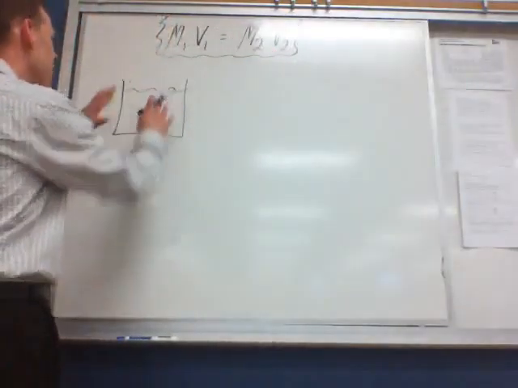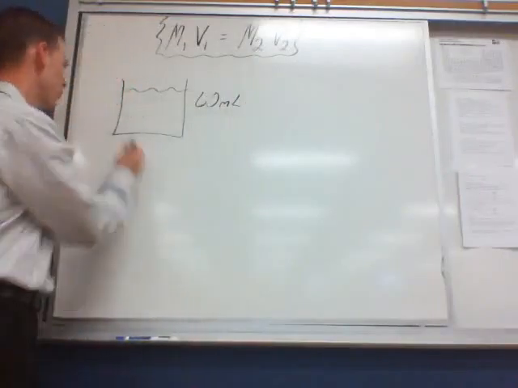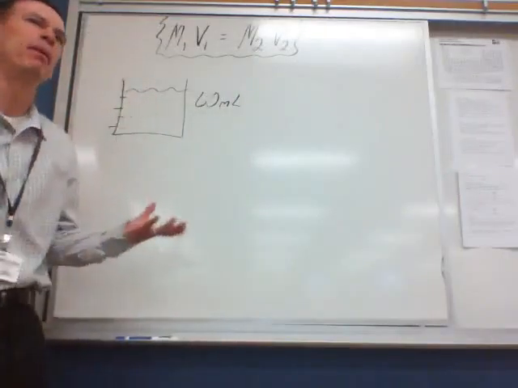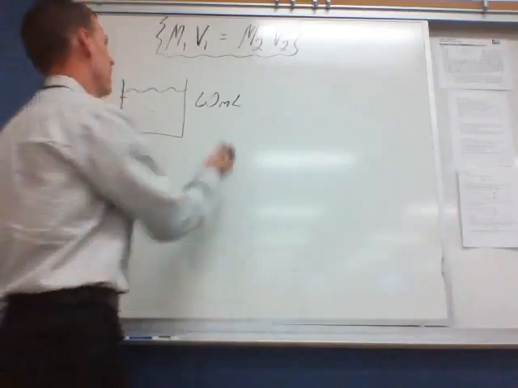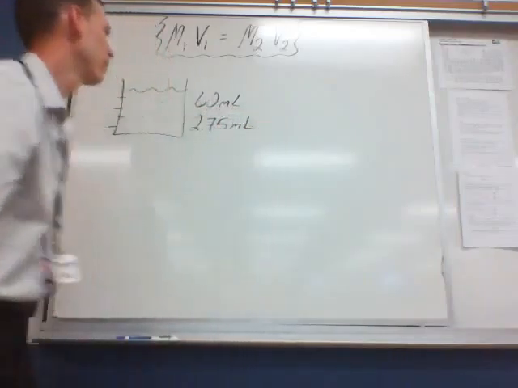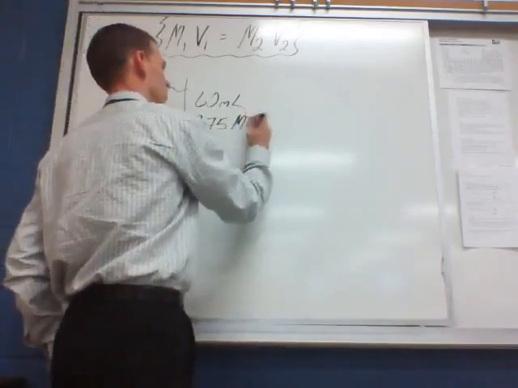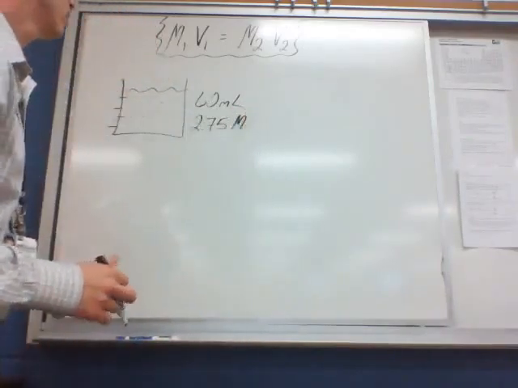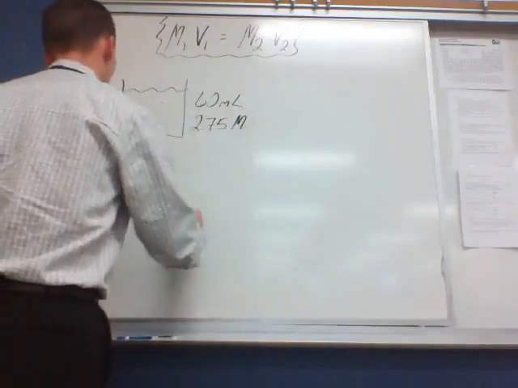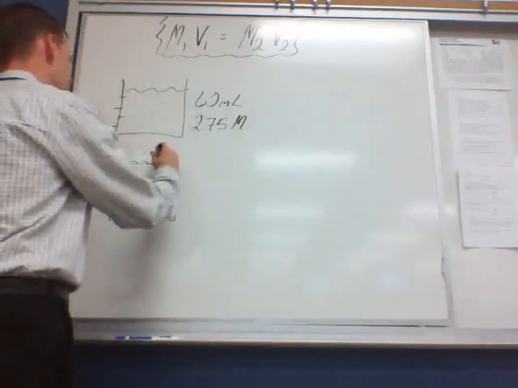And here's what it says. In this beaker, there's 60 milliliters of liquid in there. So if it was graduated, it would be up to the 60 milliliter mark. And its molarity is 2.75 molar. Just bad units. This wants to know what happens if I raise up the amount of solvent.